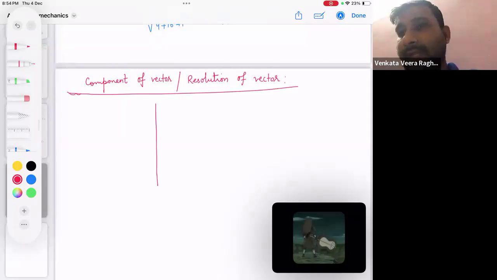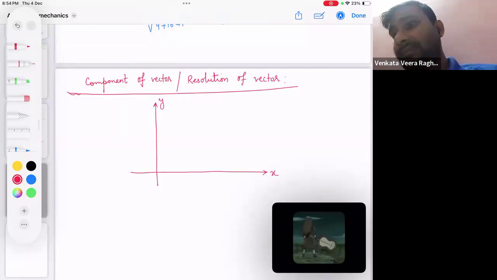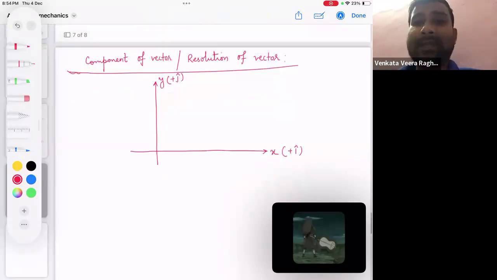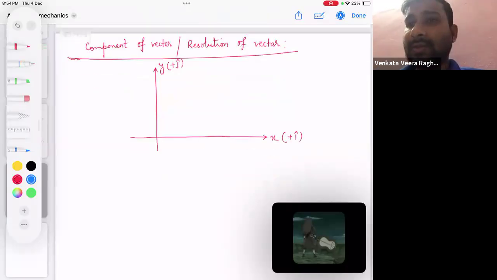Let's say this is the x and y axis given to us. Can I say that the positive x axis represents plus i cap, and the positive y axis represents plus j cap? Now there is a vector given to us like this.